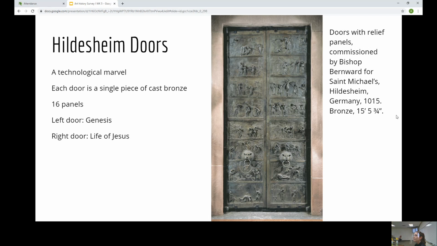On one of the doors of this building are these bronze cast relief sculptures. They are quite extremely impressive because each door was cast at one time. Meaning that these are not separate relief sculptures.